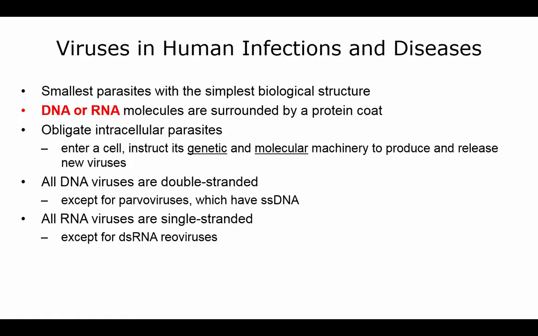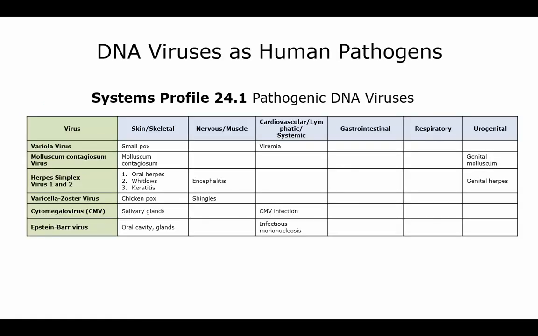The DNA viruses are all double-stranded except for the parvovirus, which is a single-stranded DNA, and all of the RNA viruses are single-stranded except for one of the reoviruses that's double-stranded. This is a list in this table of all the DNA viruses that are human pathogens.